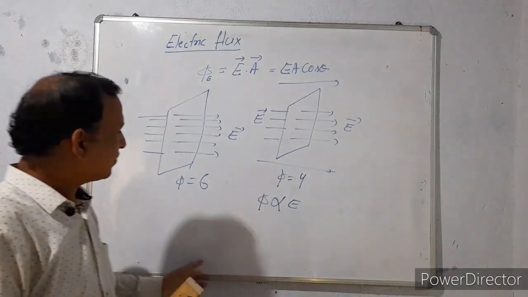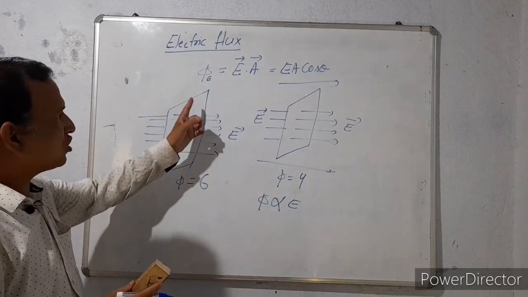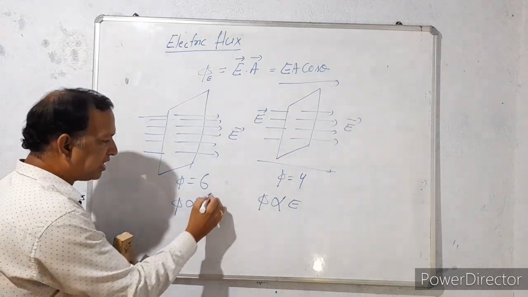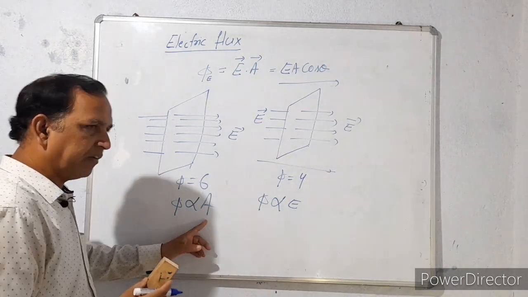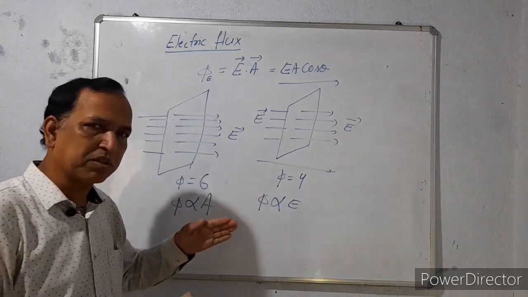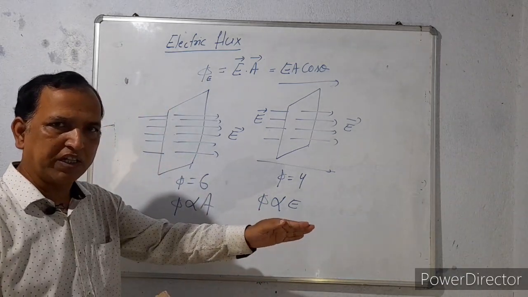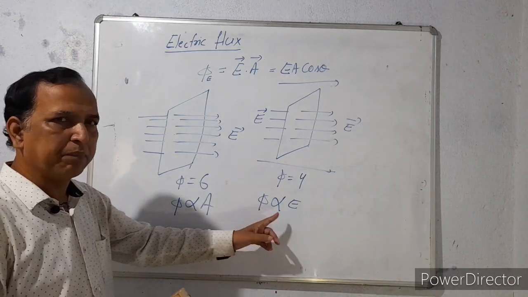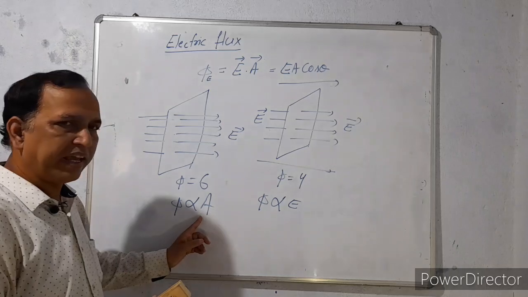So that means here phi depends also upon area. Area means area vector, simply area is a scalar, but here area vector means there must be direction along any axis. So now we confirm phi depends upon E and A.